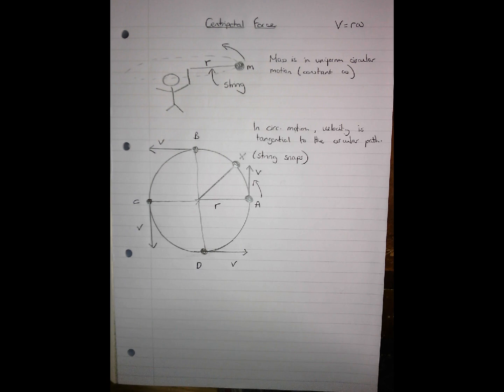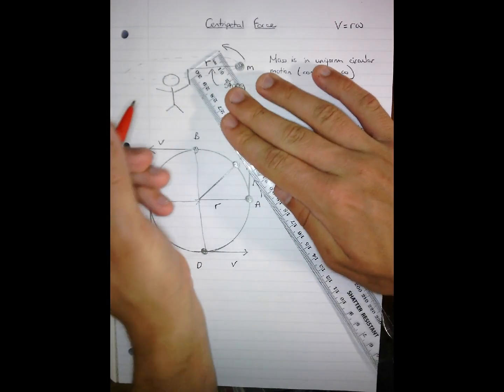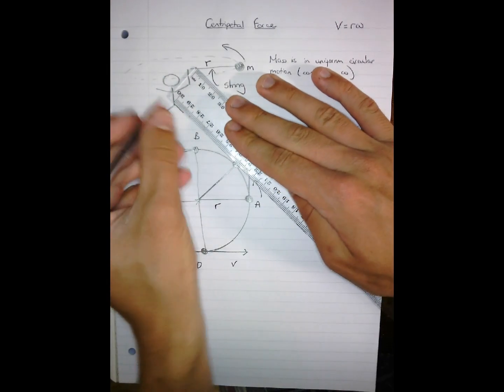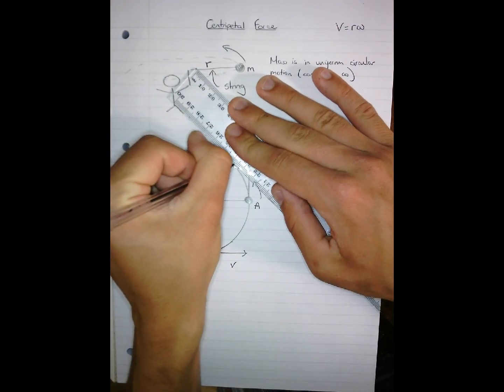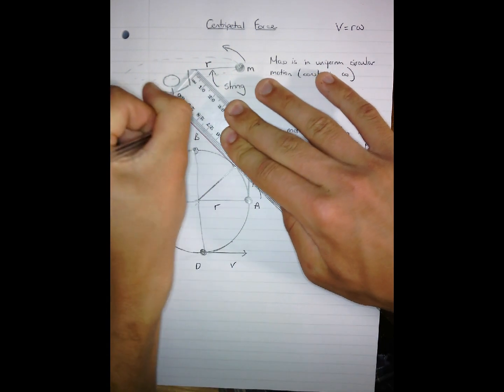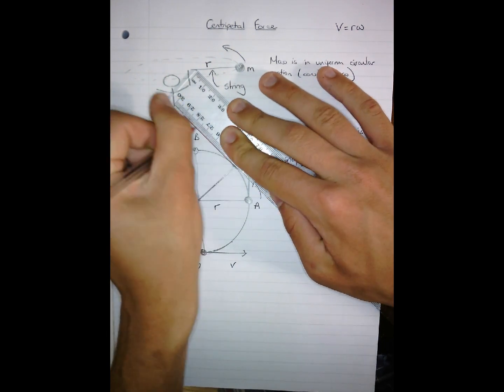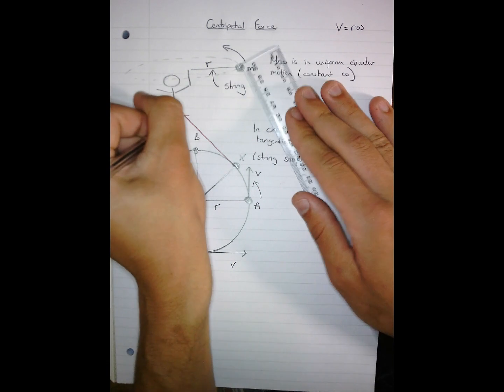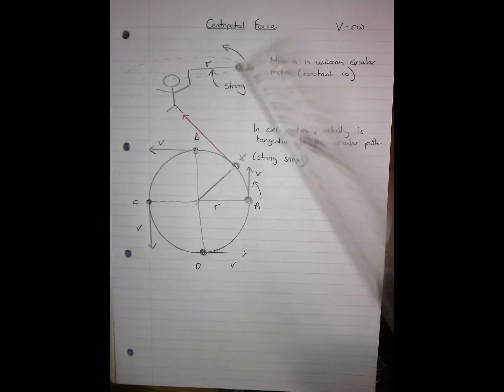Okay, so at point X here, if the string snaps, we'd be in a situation where the velocity is tangential. So the mass would just continue in the path shown by that red line if the string was to snap there.